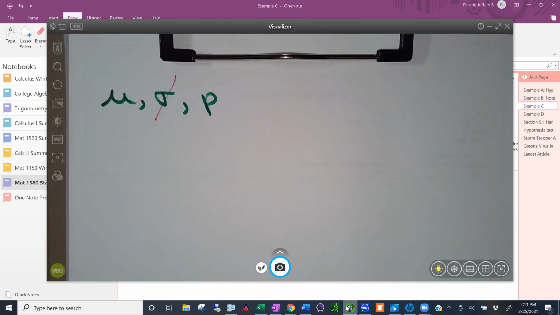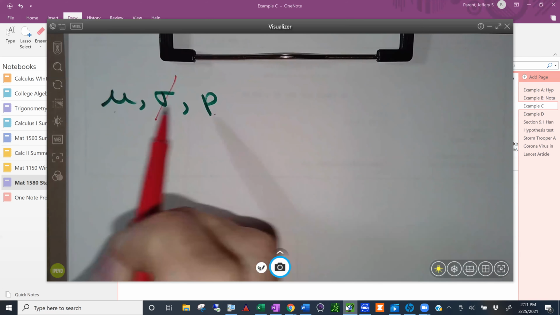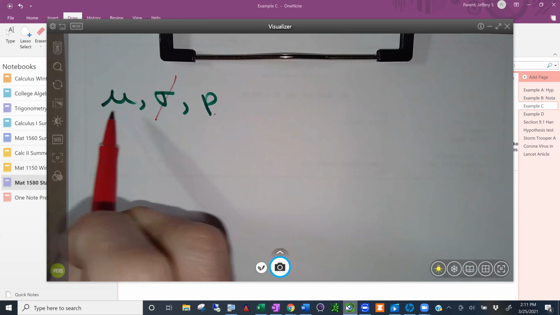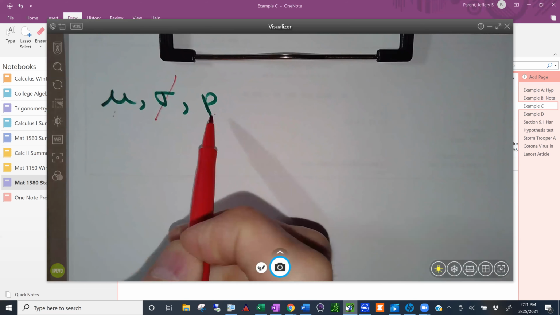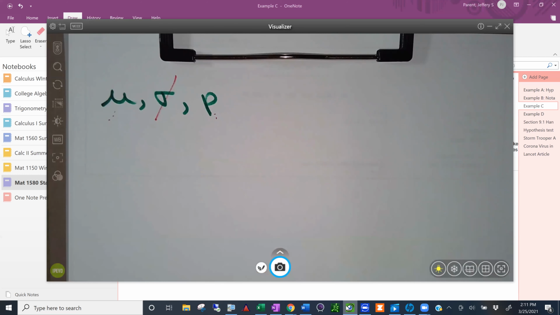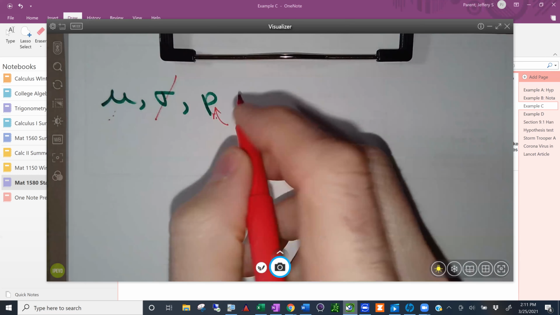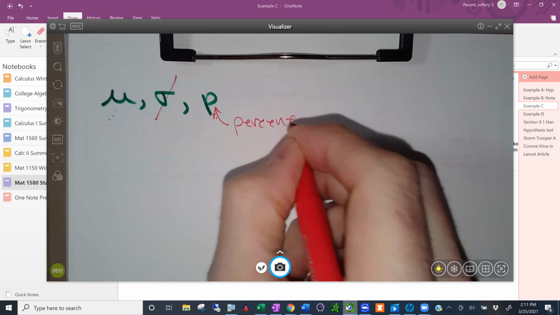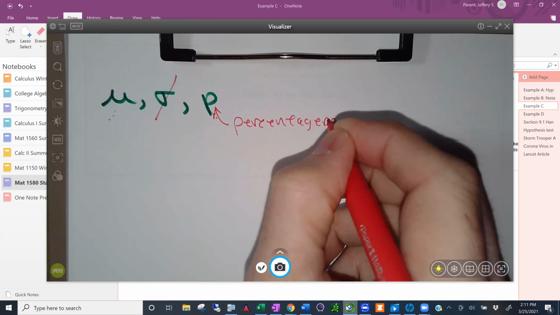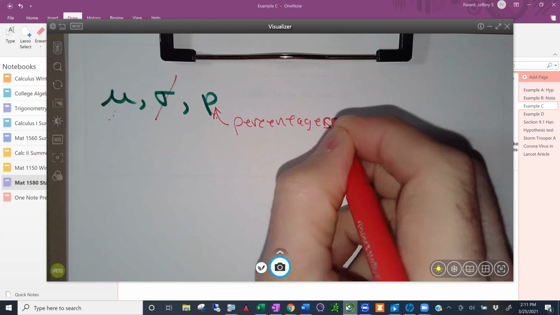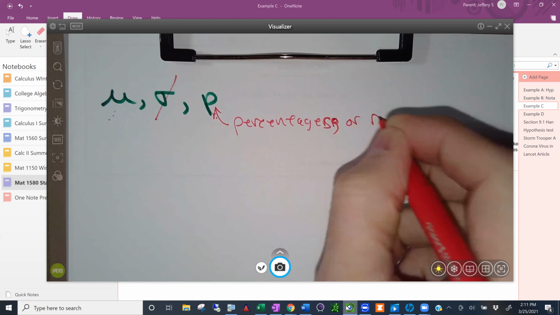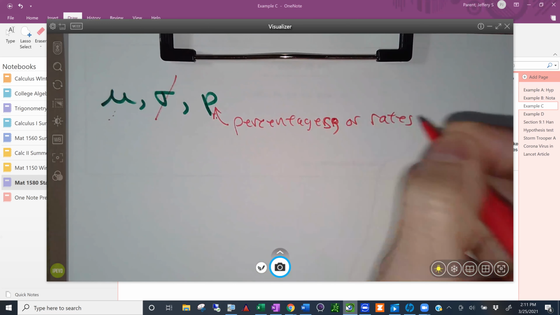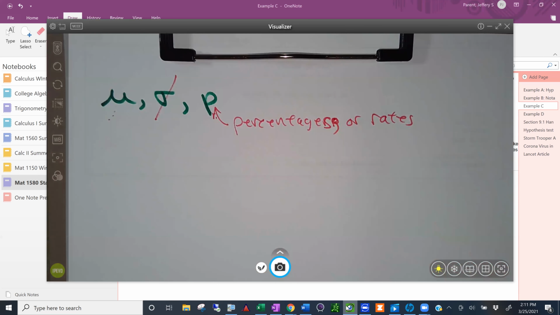This has nothing to do with standard deviation. You do have to think a little more about the difference here. Are we dealing with a mean or a proportion? Keep in mind, proportions can be percentages or rates. And that's exactly what we have here, a rate.